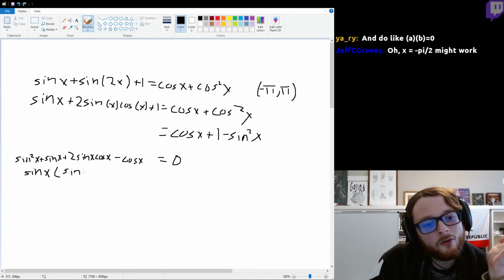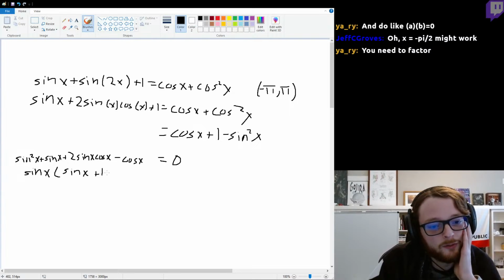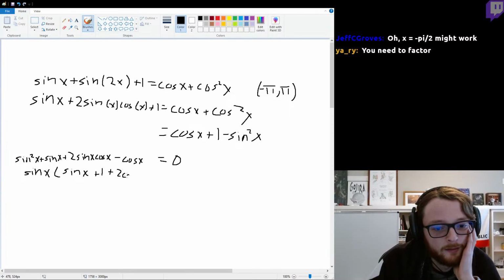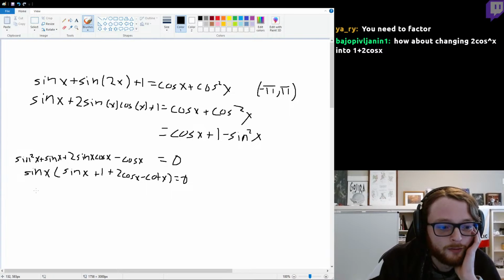Oh, wait, I guess you would still factor the sine out. You just get a cotangent? Or no, that's just tangent. Because tangent, no, it's cotangent. That's true, so that's a simplification.